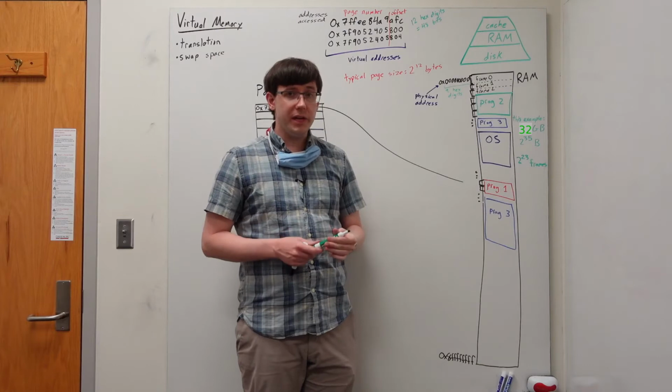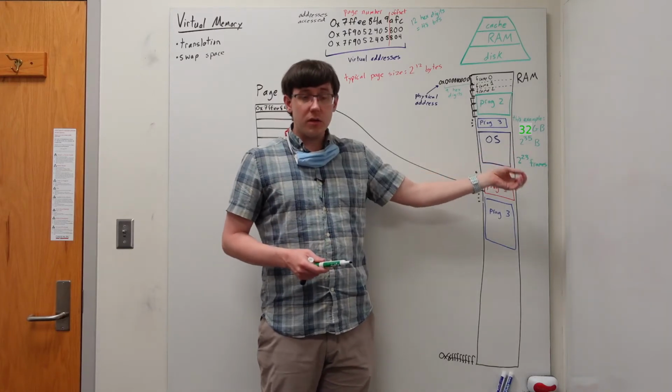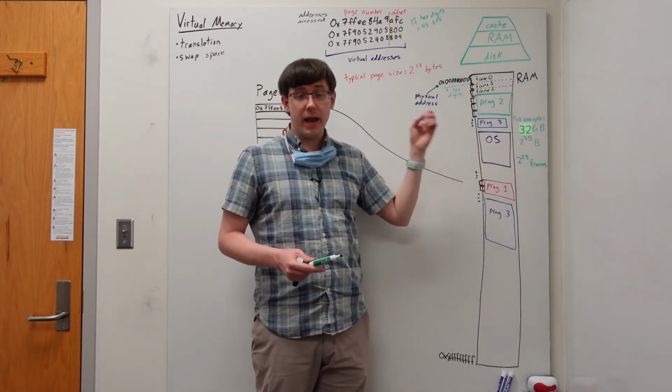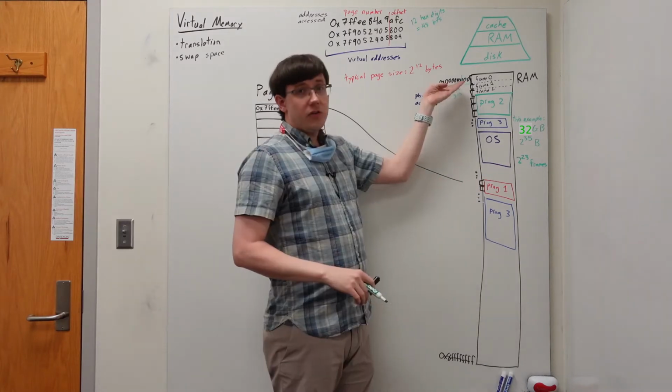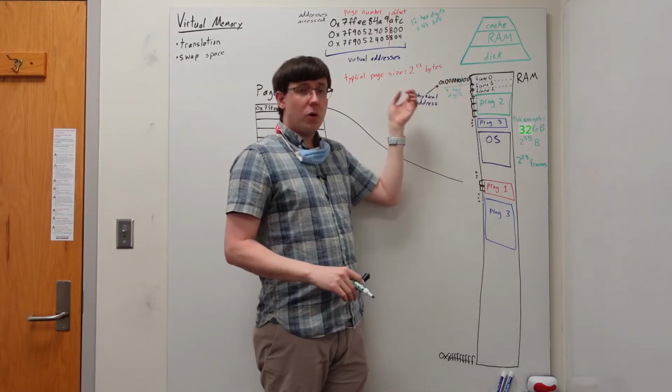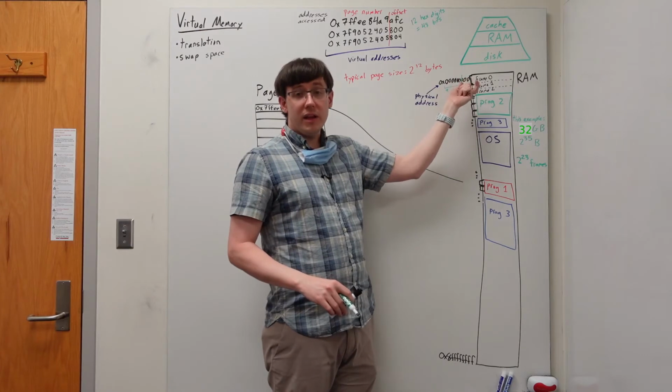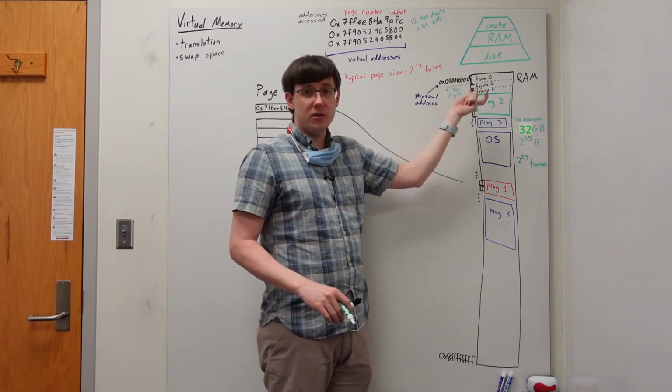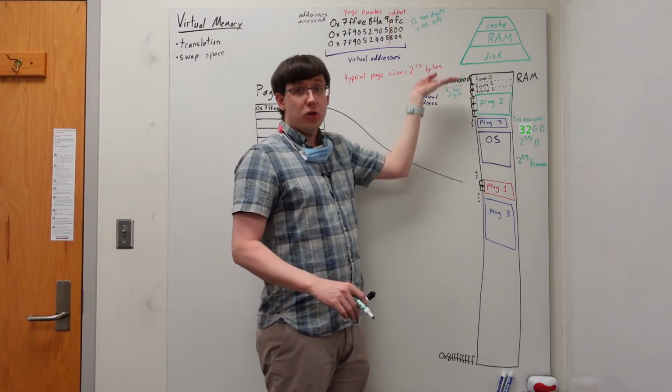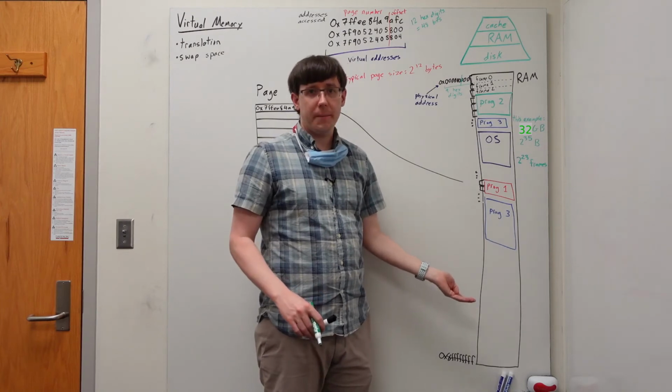So that means we will need 23 bits in order to identify a frame. And so a frame number corresponds to all but the last 3 hex digits of a location in the physical memory.